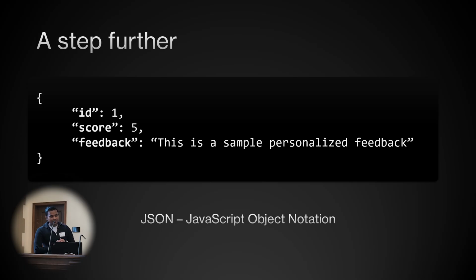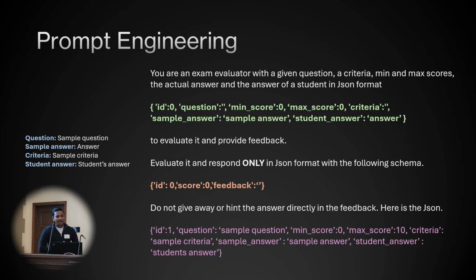So let's go to the prompt engineering back, and this is a different way of how we can write up this prompt. You can see that to the left side, you can see the same question, the same sample answer, the same criteria, the same student answer. Now, if you look at the right hand side, I might take a little while to explain this, you can see the same persona.